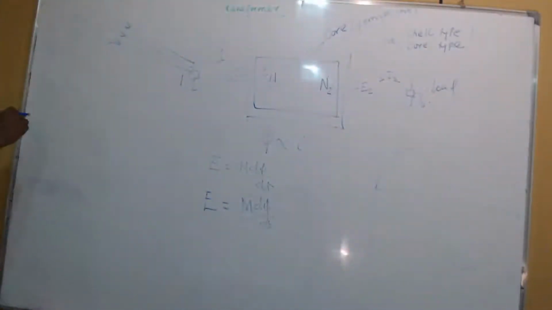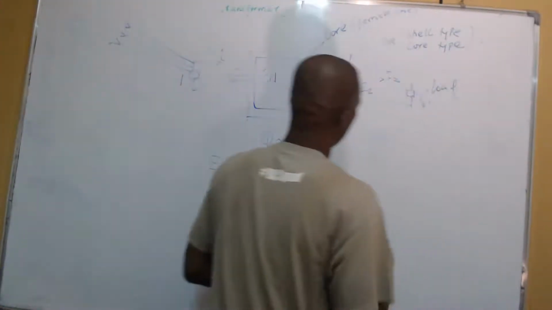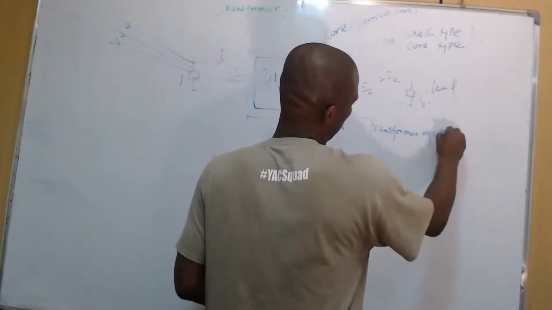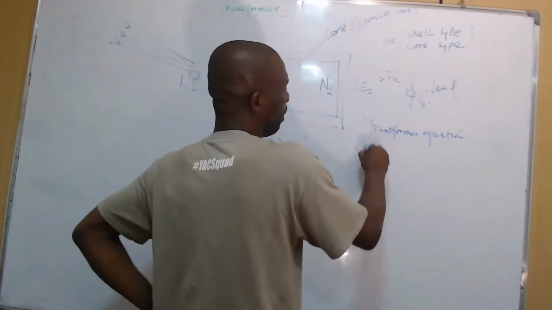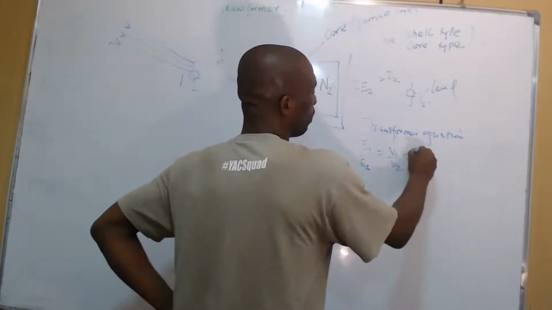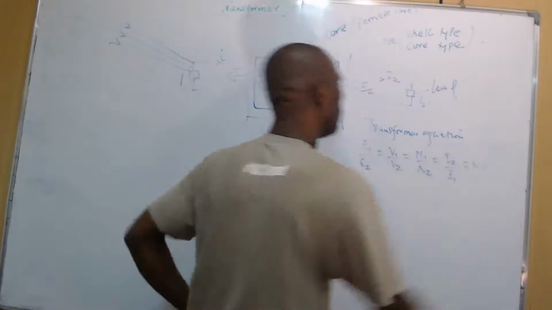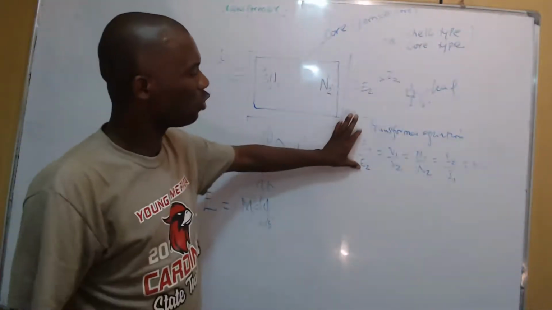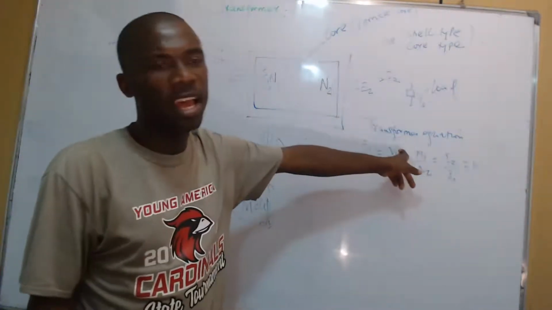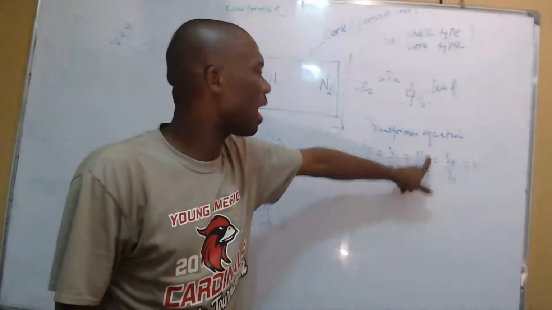Now, the transformer equation is given as E1 over E2 equal to V1 over V2, equal to N1 over N2, equal to I2 over I1, equal to K. This represents a ratio between the primary induced EMF and the secondary induced EMF, the primary voltage from the alternating source and the secondary voltage across the load, the number of turns in the primary and the number of turns in the secondary.